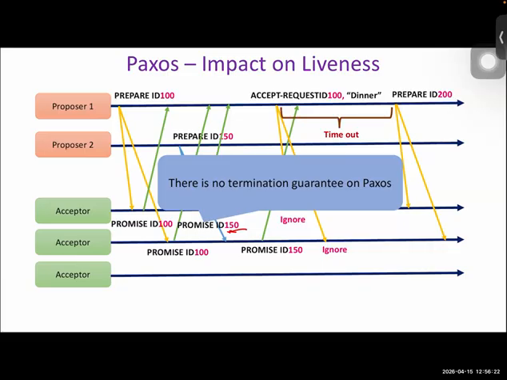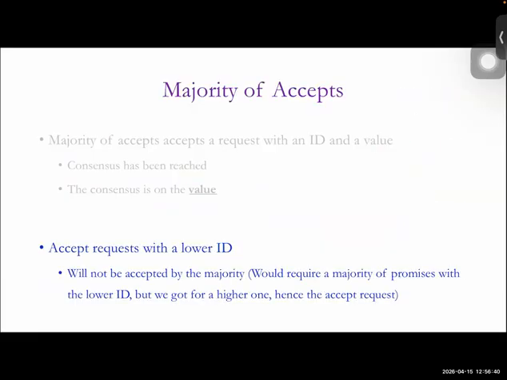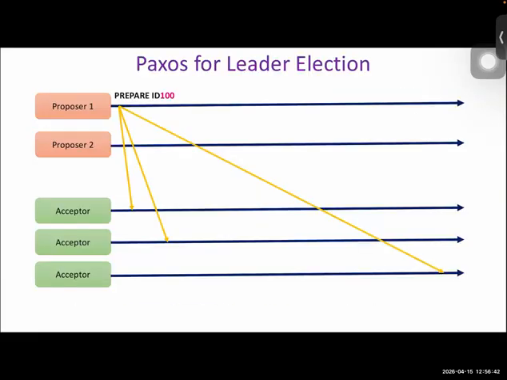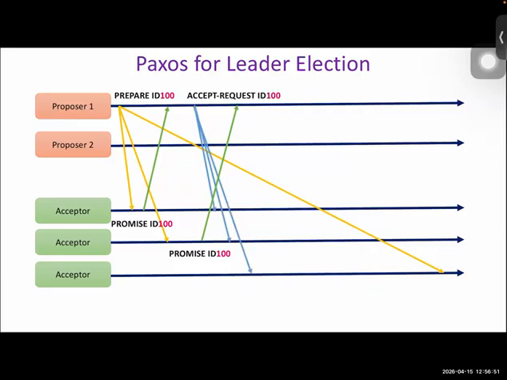We need the ID to maintain the current state of promise and accept so that multiple values do not propagate in the network. That's the majority part we observed, with prepare ID 100 and the acceptors promising for it and accepting.